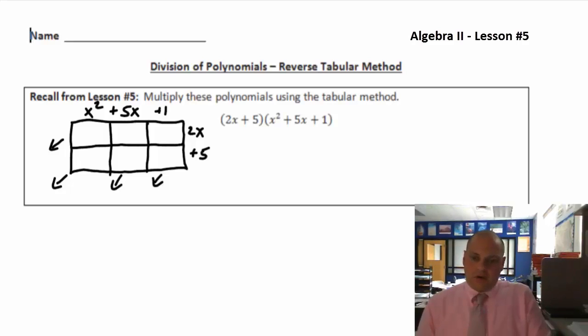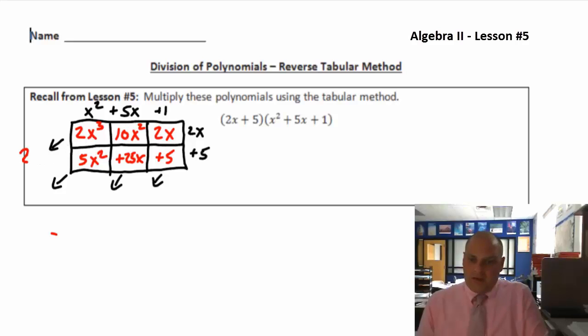X squared times 2x is 2x to the third. 5x times 2x is 10x squared. 1 times 2x is 2x. We got 5x squared plus 25x and then plus 5. Alright, so now our diagonals line up.